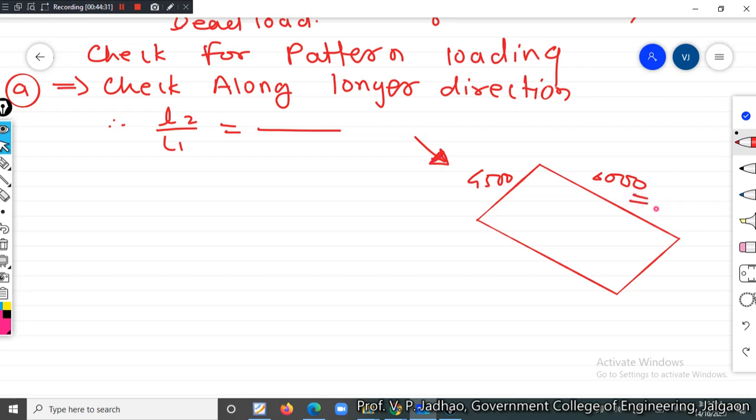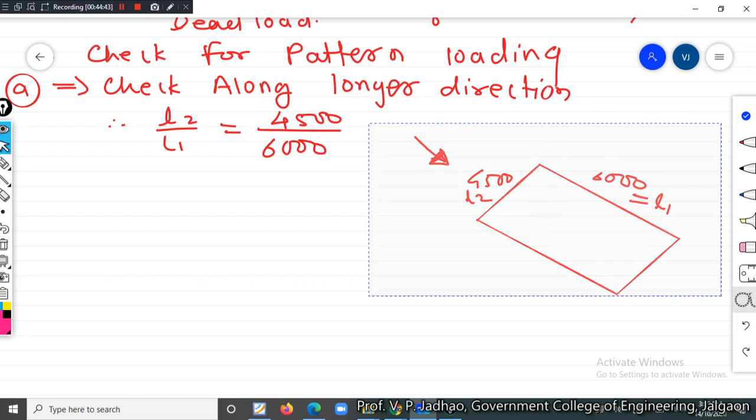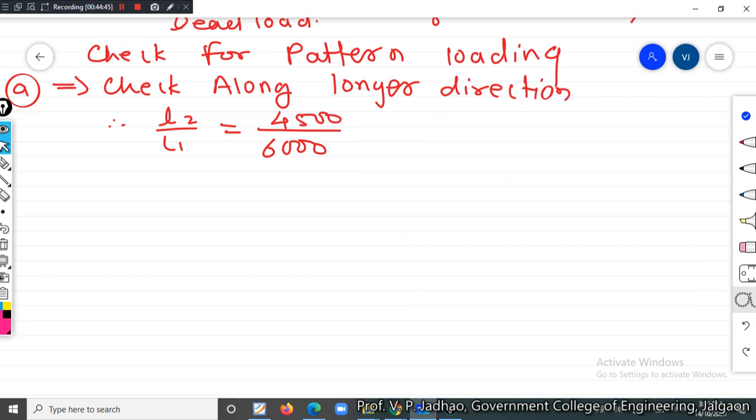Therefore 6000 will become L1 and 4500 will become L2. Put here L1 is equal to 6000 and L2 is equal to 4500.